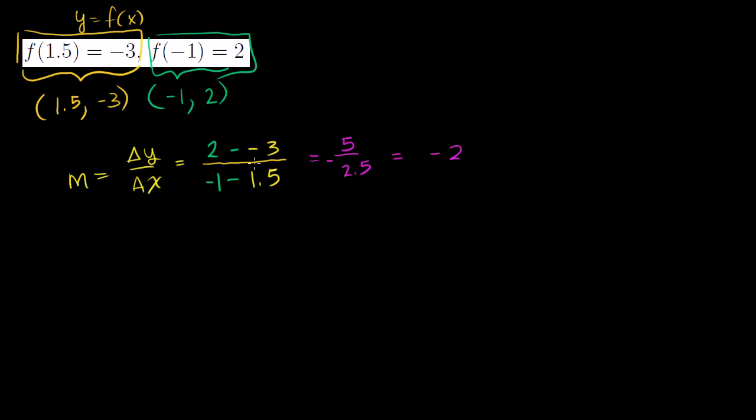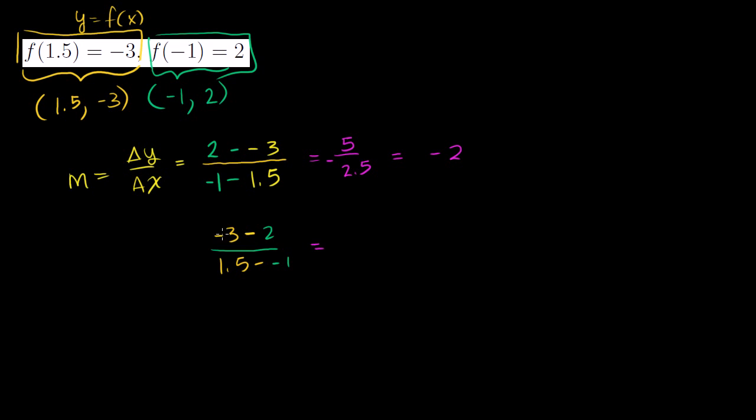Actually, I'll take a little aside to show you it doesn't matter what order I do this in, as long as if I use this coordinate first, then I have to use that coordinate first. Let's do it the other way. If I did it as negative 3 minus 2 over 1.5 minus negative 1. This should give me the same answer.